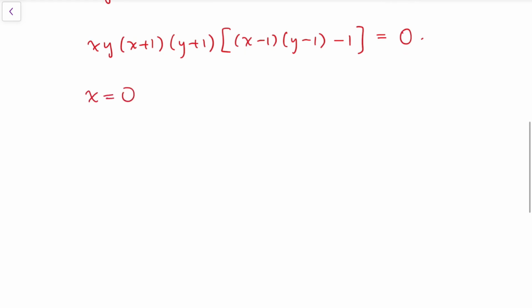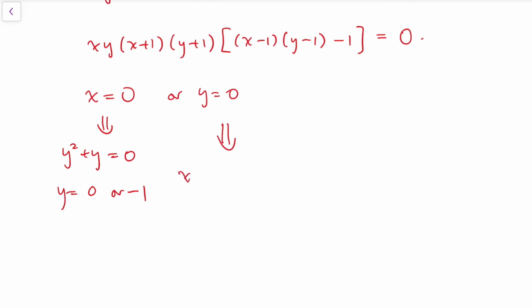Say when x equals 0, we know that y squared plus y equals 0, so y equals 0 or -1. Then we also have y equals 0, which, using a similar argument, should give x equals 0 or -1.